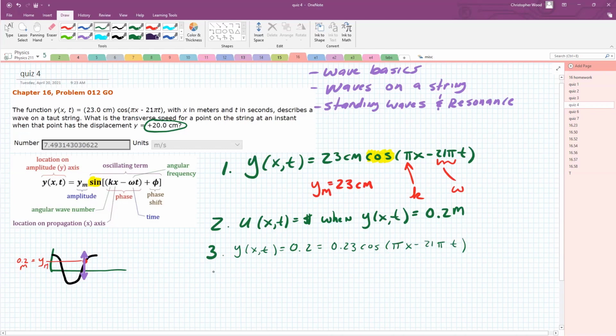I have to find u sub t, which involves a sine. So from this, the only thing I can get out of step 3 is the following: cosine of pi x minus 21 pi t equals 0.2 over 0.23.